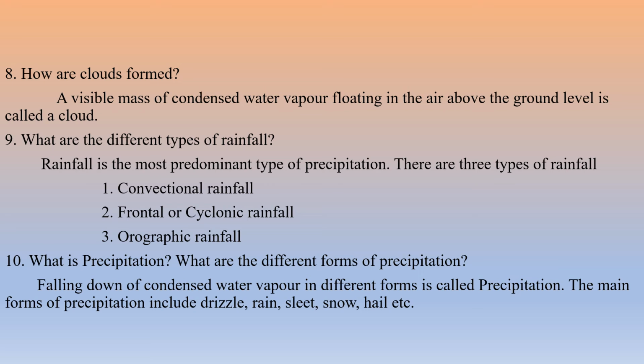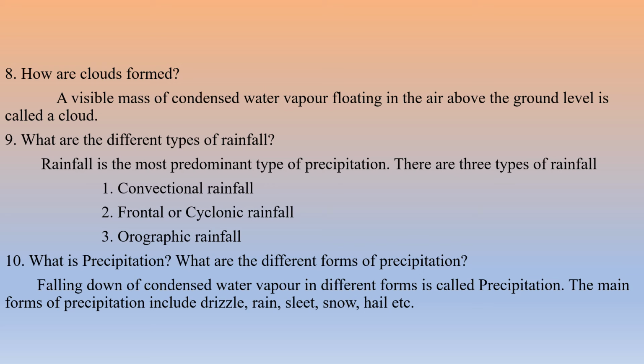What is precipitation? What are the different forms of precipitation? Falling down of condensed water vapor in different forms is called precipitation. The main forms of precipitation include drizzle, rain, sleet, snow, hail, etc. We know very well only one type of precipitation, that is rainfall.